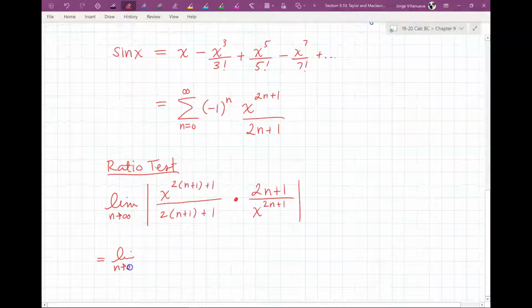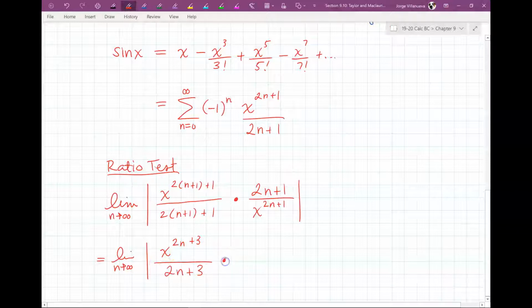So let's clean this up a little bit. This is x to the 2n plus 3 over 2n plus 3 times 2n plus 1 over x to the 2n plus 1.